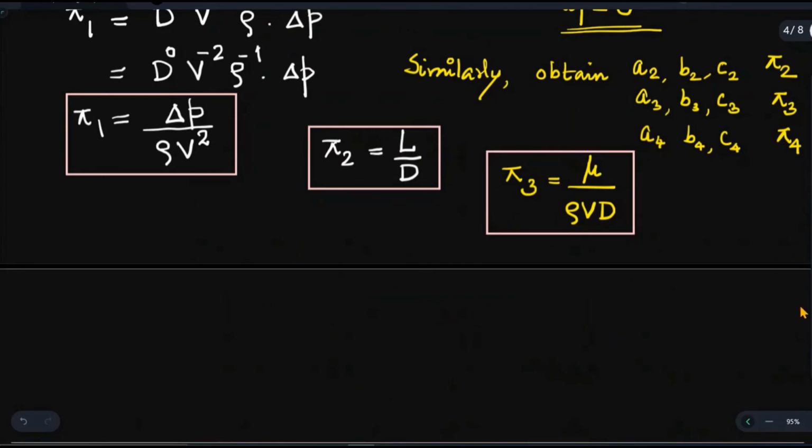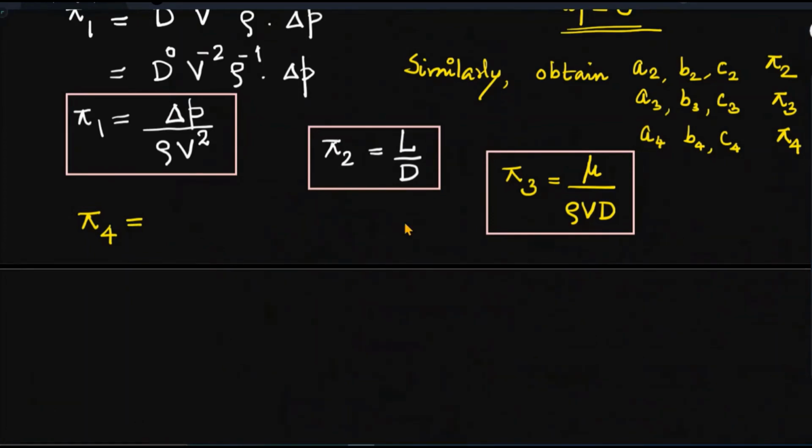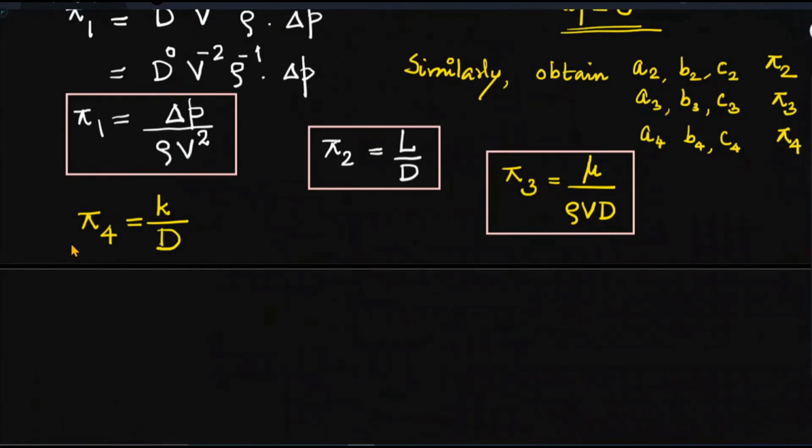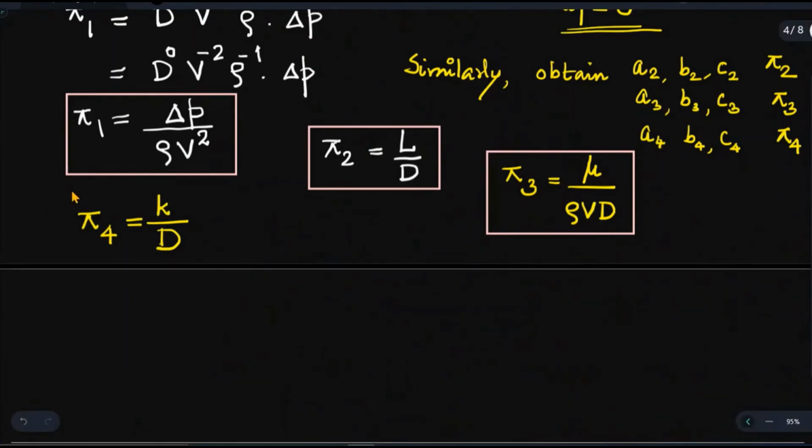And then the fourth pi term pi 4 is just like the second one. It is also a very simple term, that is K, relative roughness, pipe roughness K divided by D, K by D ratio. So K by D will be the fourth pi term.